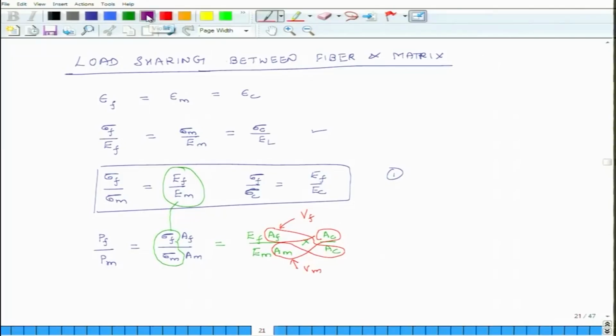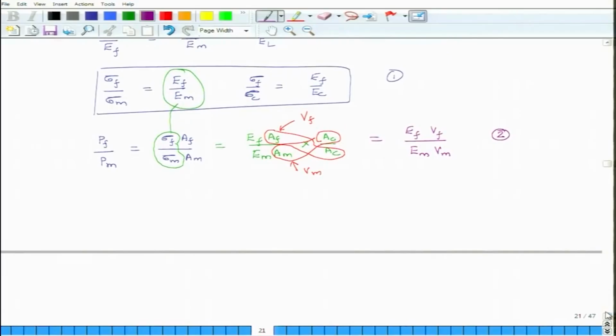So, what I get is Ef Vf over Em Vm. Okay. So, this is equation 2. This equation 2 gives us the ratio of how much load is being shared by fiber and how much by matrix, and what it tells us is that if you want the fiber to take a lot of load, of course, this Ef over Em should be high, and also make sure that Vf over Vm is as high as physically possible.